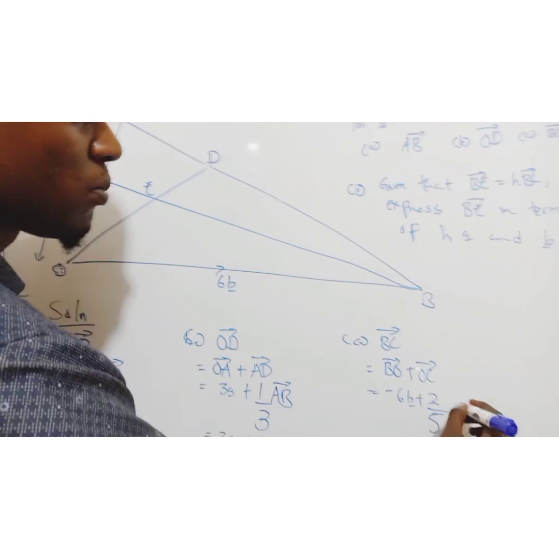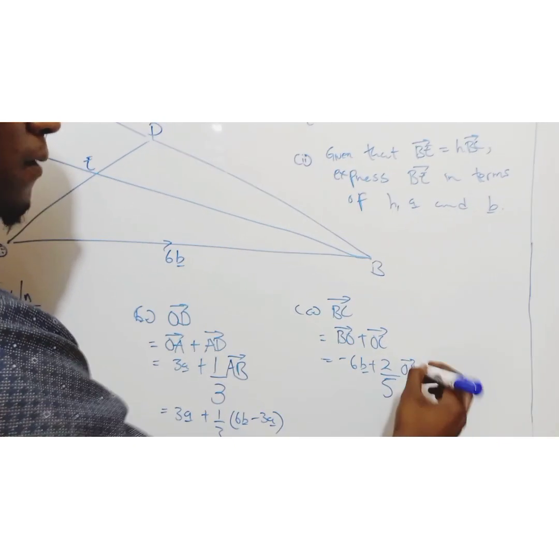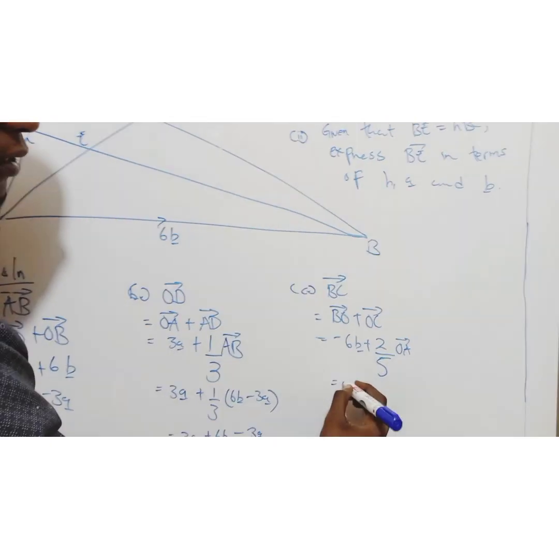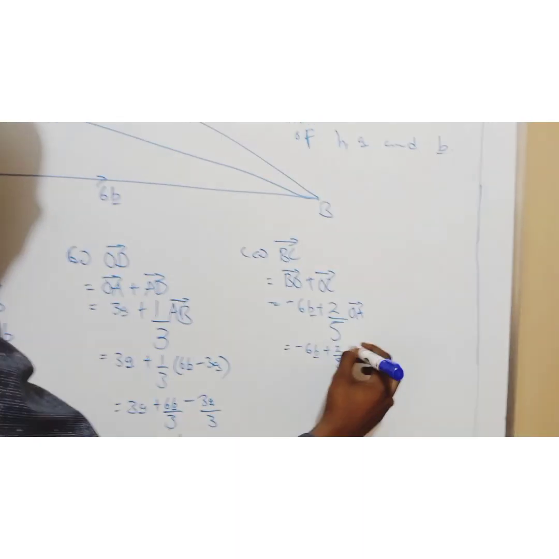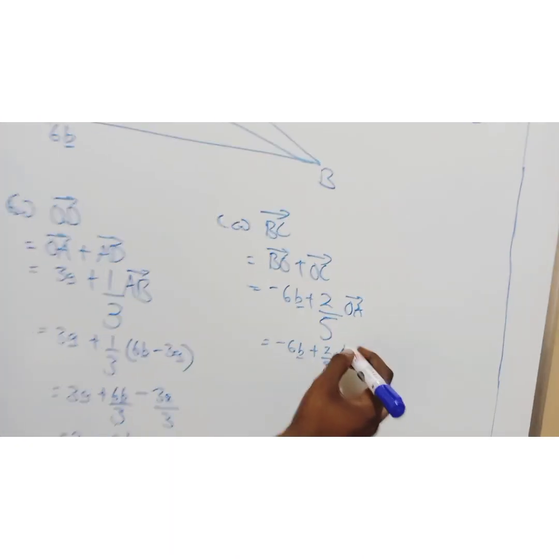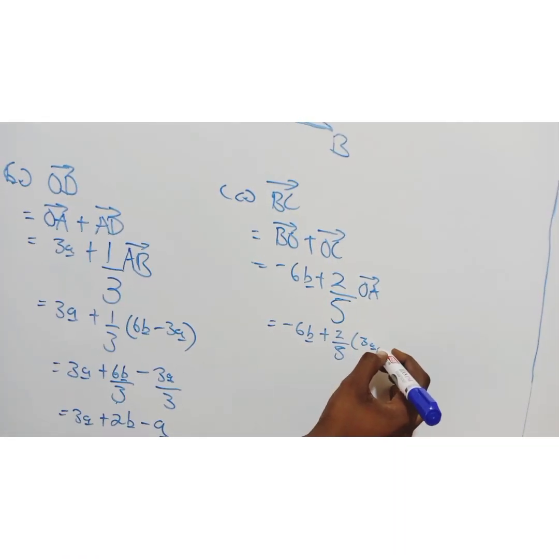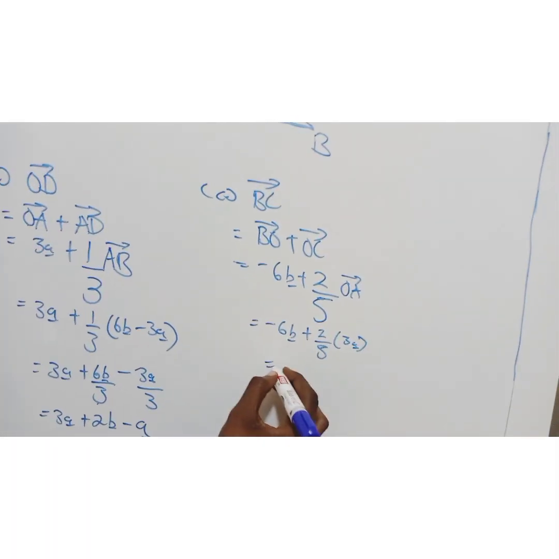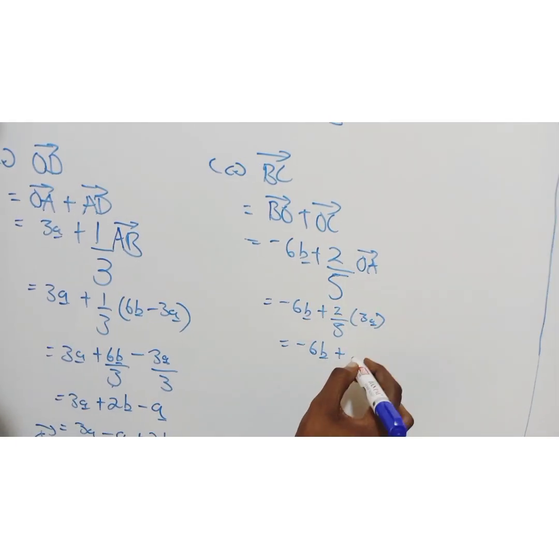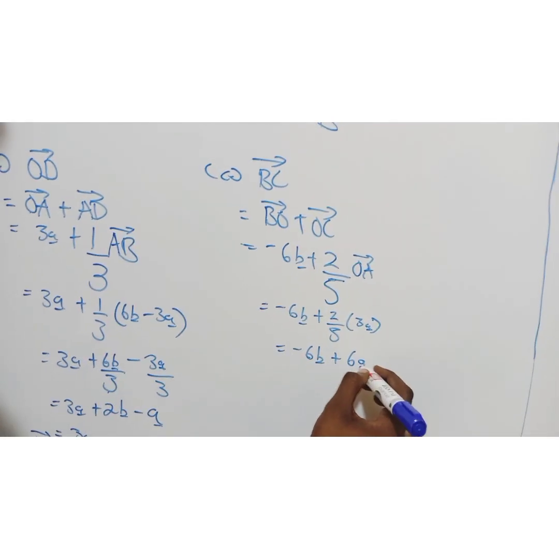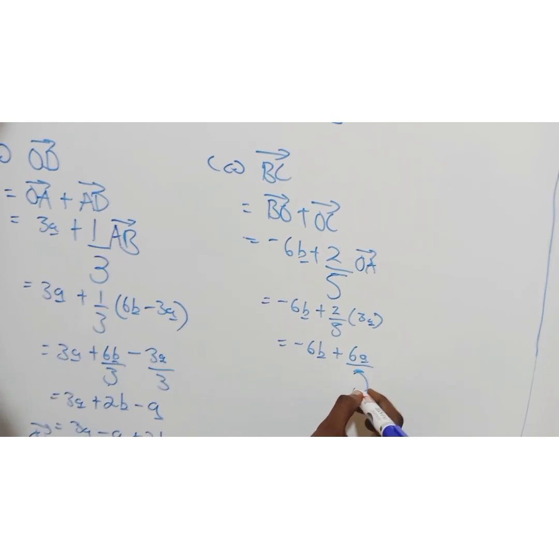So here you're going to put OA. We proceed. So negative 6B plus 2 over 5 our OA. What is our OA? Which is 3A. So we have negative 6B plus 2 times this is 6A over 5.